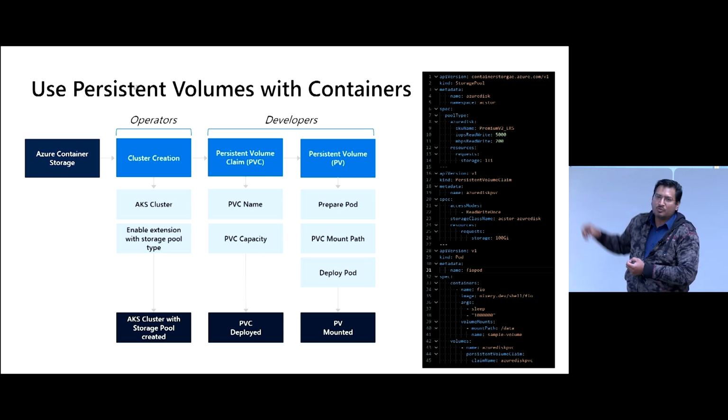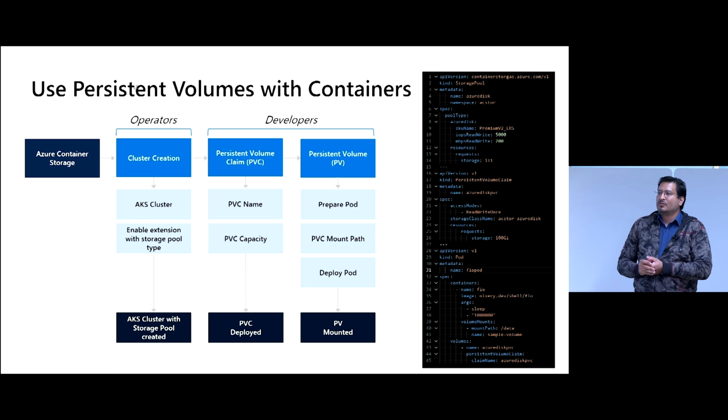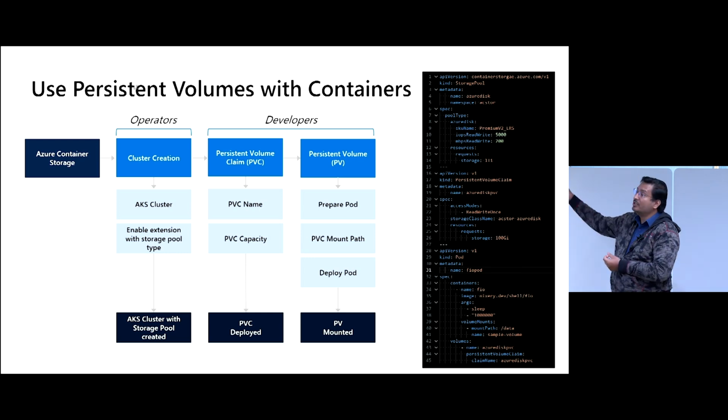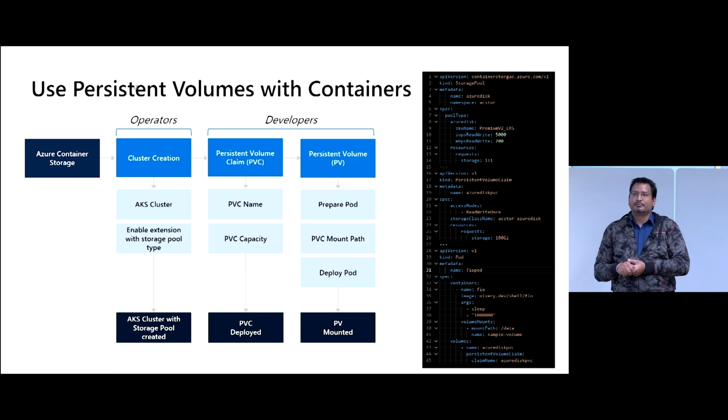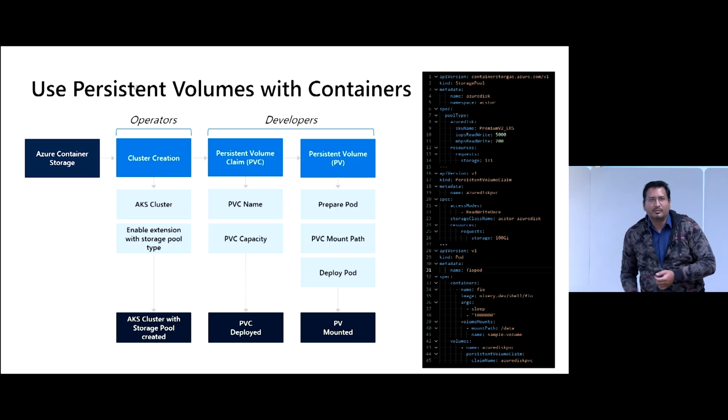And then on line number 9, you simply specify what kind of storage you want. So you want Premium LRS, Premium V2 LRS, Standard HDD, NVMe, Elastic SAN, that's it. Line number 23 always remains the same.